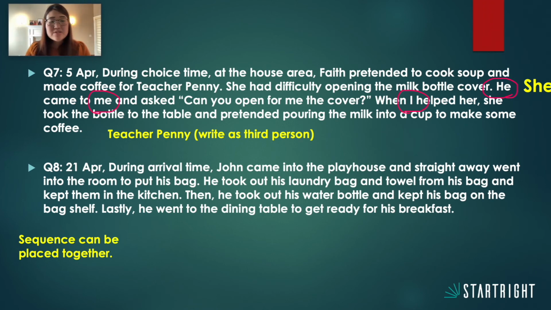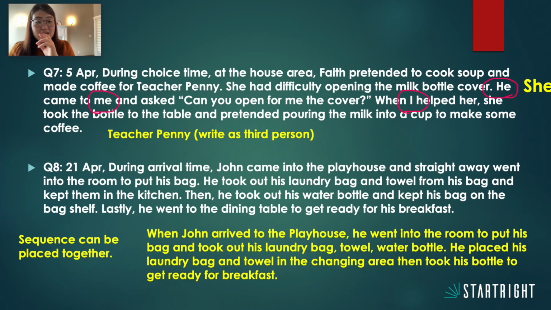Okay, so what I wrote here, I would change this and I put when John arrived to the playhouse, he went into the room to put his bag and took out his laundry bag, towel, water bottle. So I don't have to mention how many times he go in and out the room and pergi sini pergi sana, too many. So just straight away I would say the room. He went into the room to put his bag and took out his laundry bag, towel, water bottle.